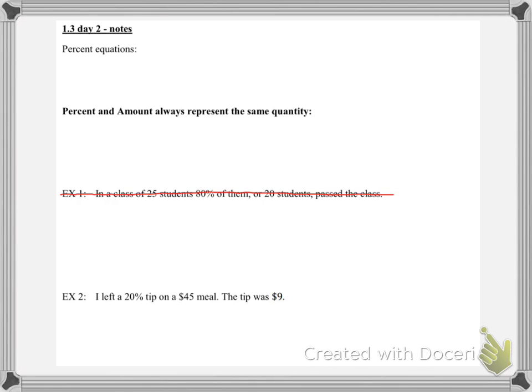So the basic percent equation is amount equals percent times base. And we usually abbreviate all that as A equals P times B. And the key to figuring out which numbers go where is that the percent and the amount always represent the same quantity.